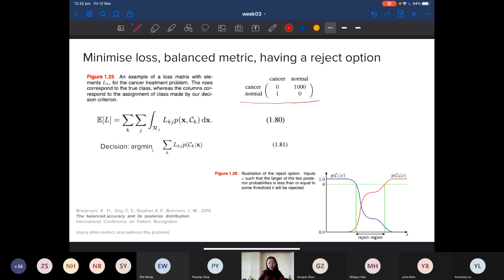If we classify a cancer patient as normal, the cost is 1,000. Well, it's hard to put a number on, say, the cost of life. It's a very hard thing to do, and a debatable thing to do. On the other hand, this is how places like insurance and doctor's liability operate.